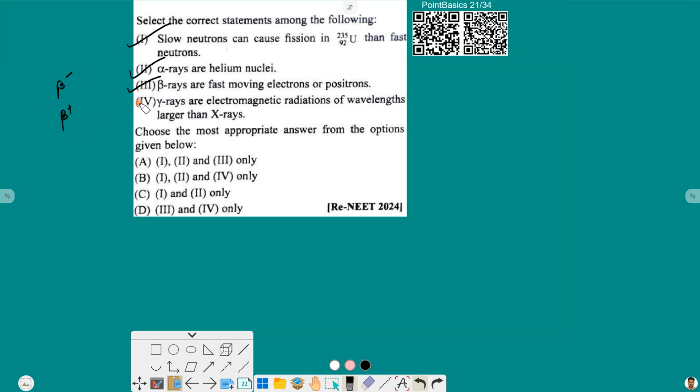Coming to the fourth, gamma rays are EM radiation of wavelength larger than X-rays. We know that the energy of gamma rays is greater than the energy of X-rays, so the frequency of gamma rays will be greater than the frequency of X-rays, and we know frequency and wavelength are inversely related. So the wavelength of gamma will be smaller than the wavelength of X-rays, which is wrong. So statement 4 is wrong, and 1, 2, and 3 are right. So we can say option A is the right answer.